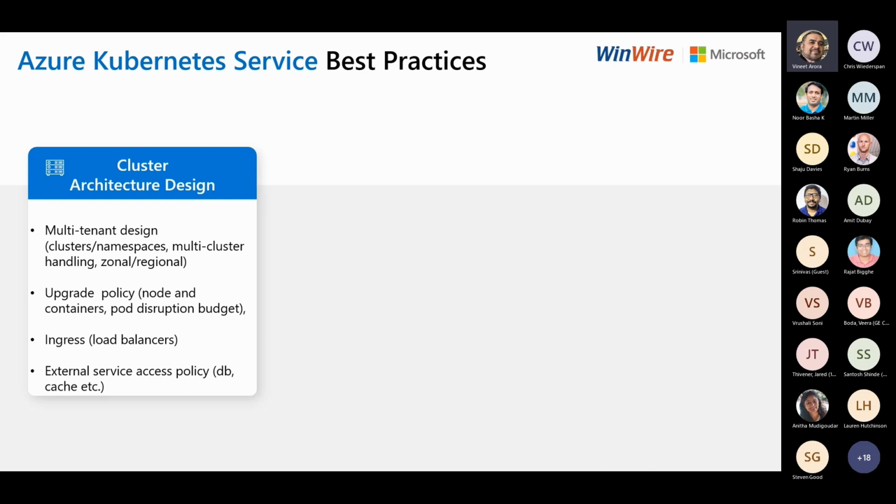When we look at AKS used in a greenfield application scenario, 3 topics come out very clearly. Chris talked about how some of these are part and parcel of the AKS service itself.